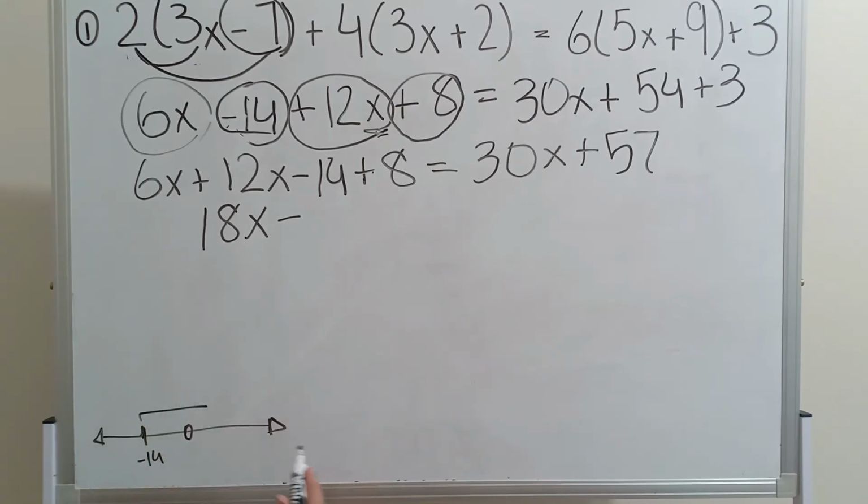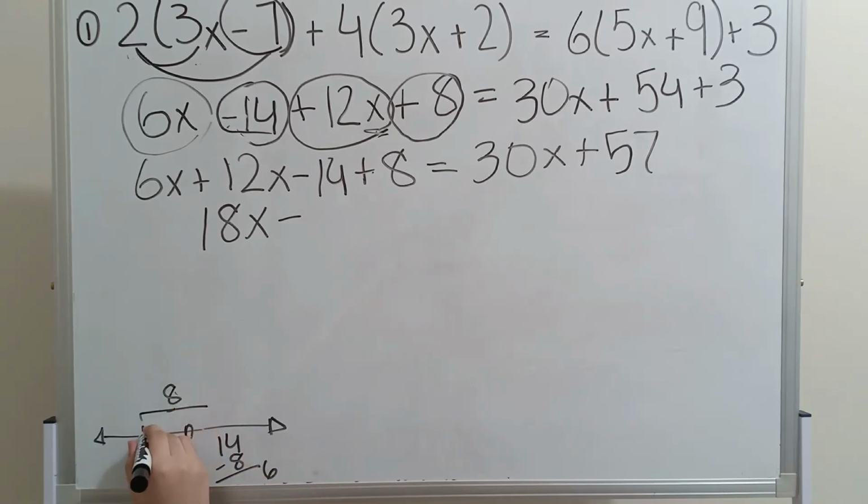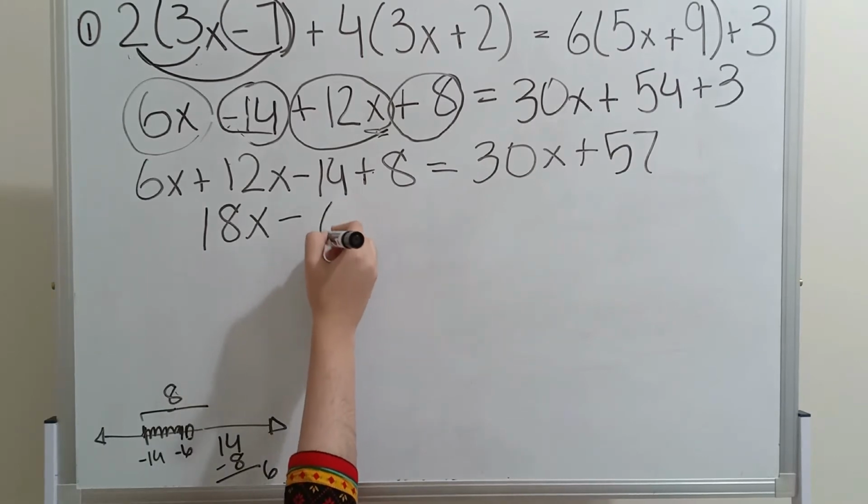So we're going to go here 8 times, which is basically 14 subtract 8, which is going to give us 6. So after 8 hops, 7, 8, we're going to end up at negative 6. The negative sign and 6.